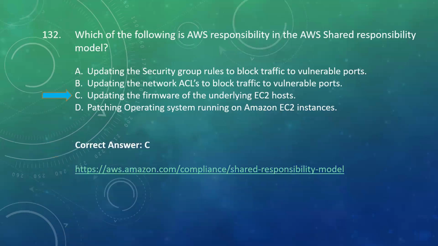Now, why it is the responsibility of AWS? Because customers don't have access to underlying host in the AWS infrastructure. So it becomes AWS's responsibility to keep the host firmware up to date. And when it comes to option A, B, and D, customer has full control over these things. So it's their responsibility to manage them.